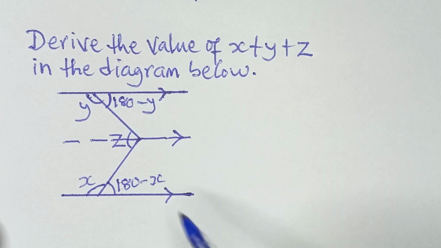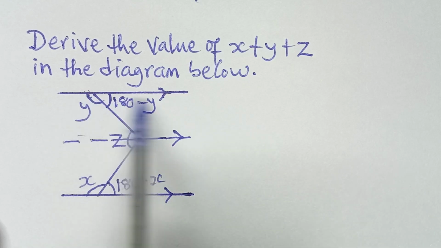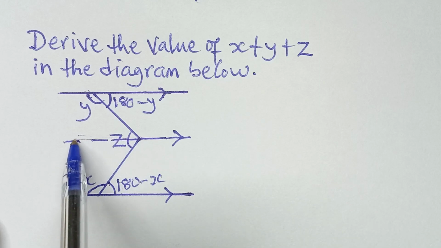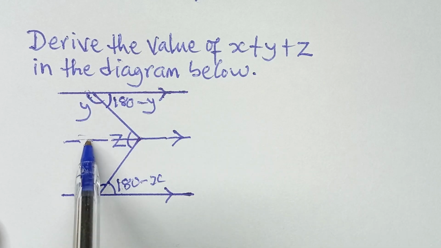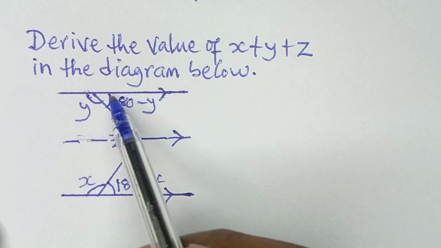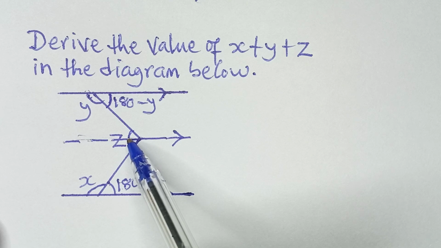So now you agree with me that when you have two parallel lines like this and a shape in the form of Z, it looks like a Z that is flipped sideways. So this angle and this angle here are alternate angles.